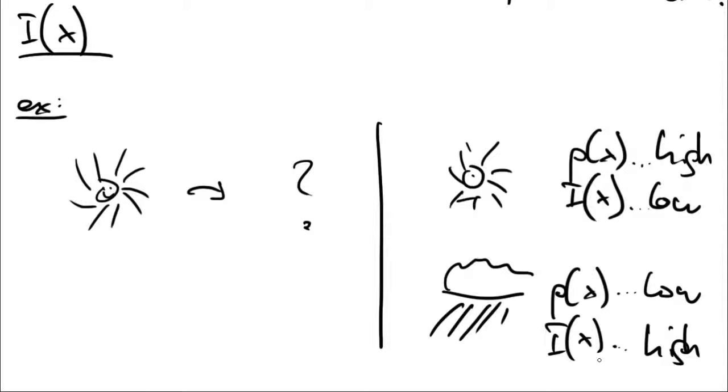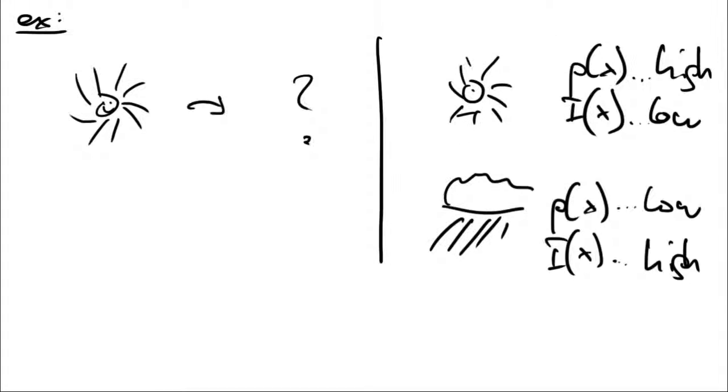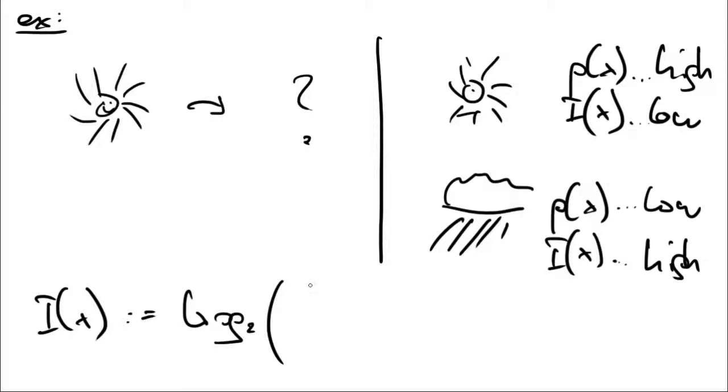Now let's add a little math to it, and I promise you there's not all that much math to it, and you don't really have to understand it to understand the concept. So the information content of an event is defined as the logarithm of 1 divided by the probability of that event.